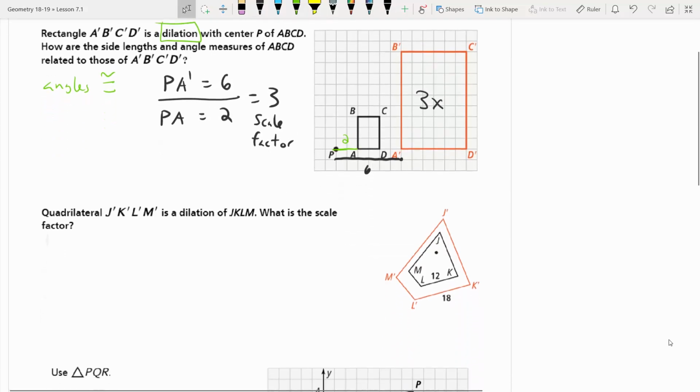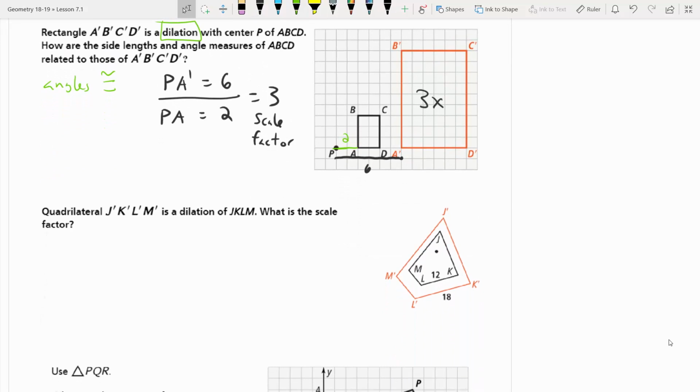We're going to use the same process here for number 2. In this case, they gave us our original figure in black, our new figure in red. You can look at it and see it's gotten bigger. The little primes are telling us this is my image, and you can tell it's gotten bigger. So if we get a scale factor not bigger than 1, we've done something wrong. So if you look closely, LK had a measure of 12. L prime K prime had a measure of 18.